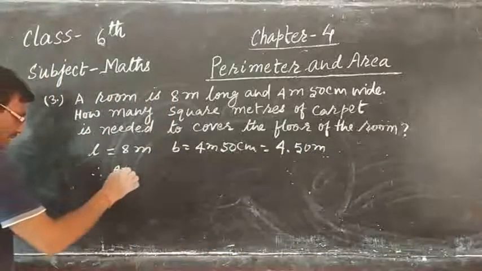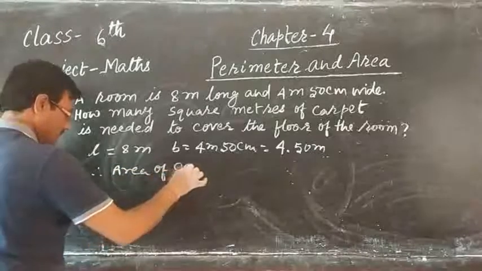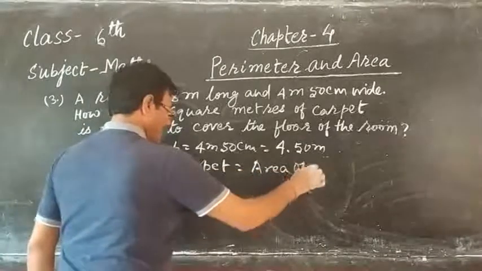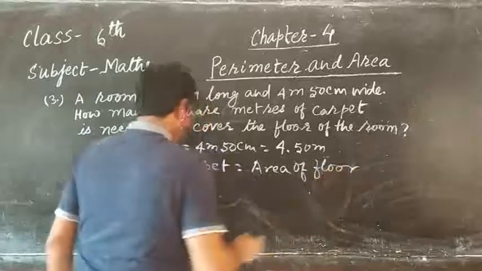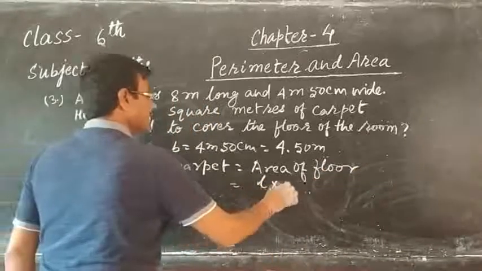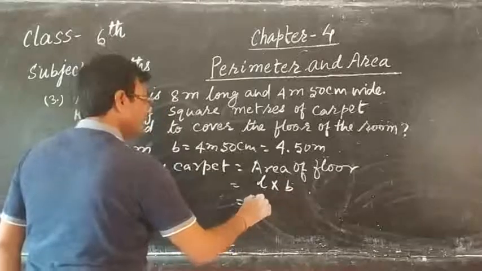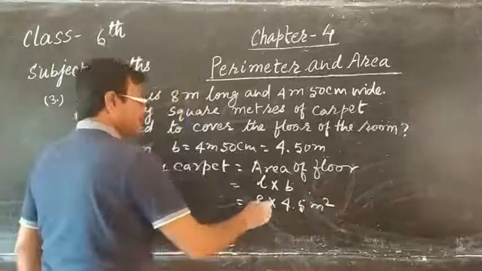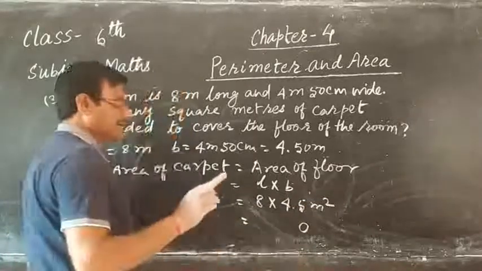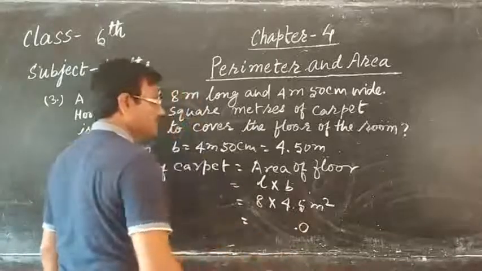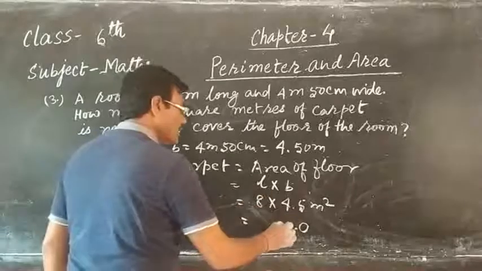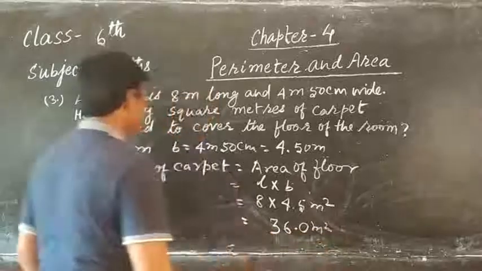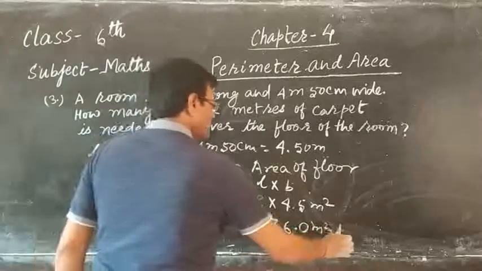Now area of carpet is equal to area of floor, is equal to length into breadth, means 8 into 4.5 meter square. 8 fives are 40, remainder 4, put decimal here, and 8 fours are 32 and 4 is 36 meter square. This is the answer of your question.